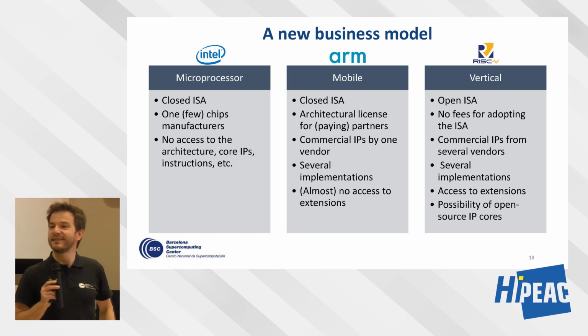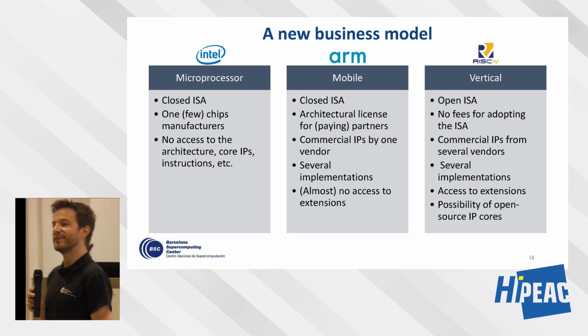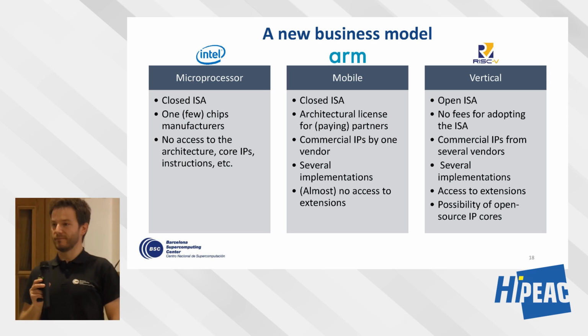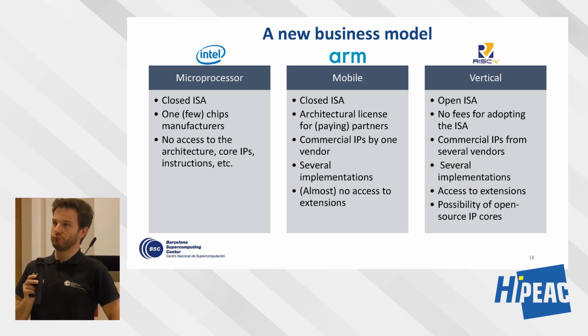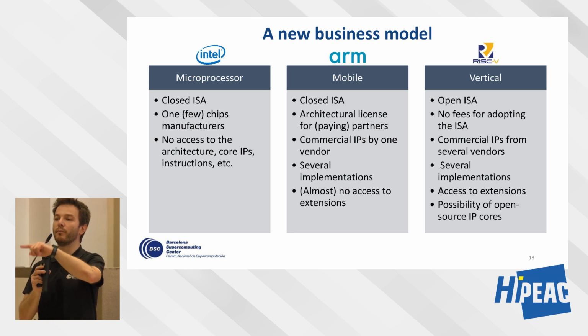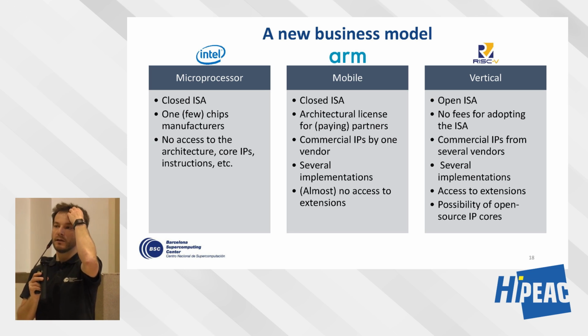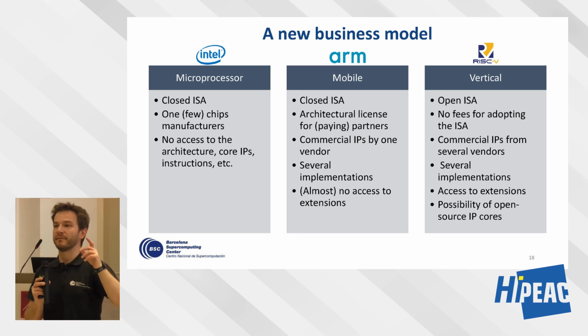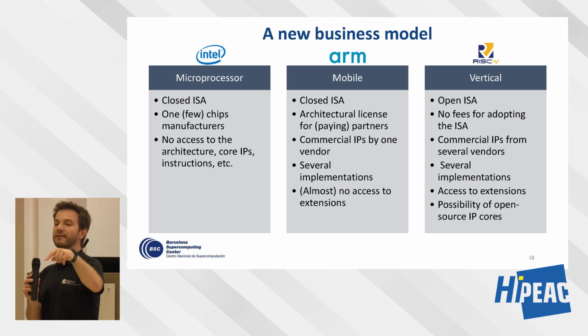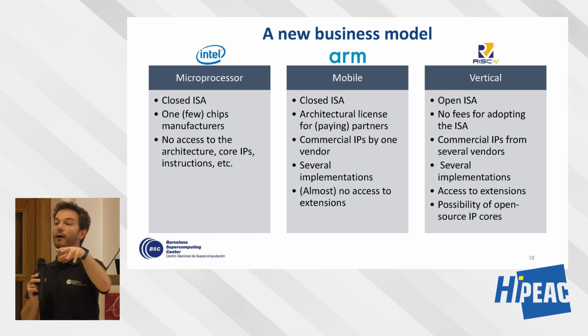You said that if ARM shuts down, you don't have these binaries tomorrow, but isn't GCC or LLVM supporting ARM? That's true. But sometimes there are features that are not supported in the open source. The typical situation is, for example, the number 2 now in the top 500, the Fugaku supercomputer.